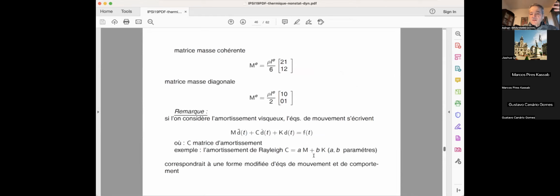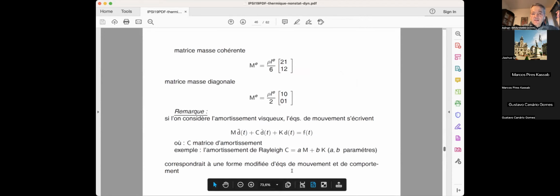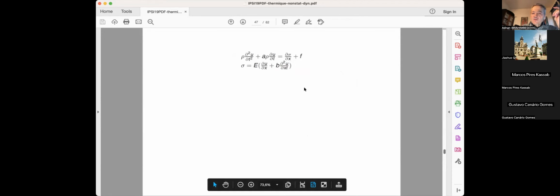The advantage of this choice of Rayleigh damping is that it allows us to keep the eigenmodes, or let's say mode shapes of the vibration, computed from the undamped case, and remain the same in the damped case. However, the physical justification of such a model is certainly not very sound.